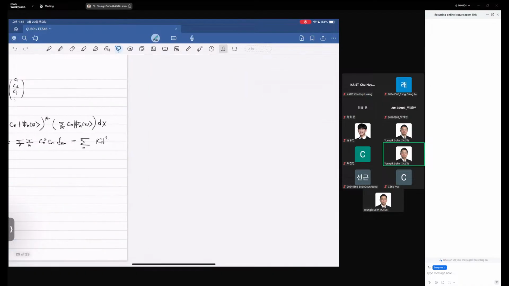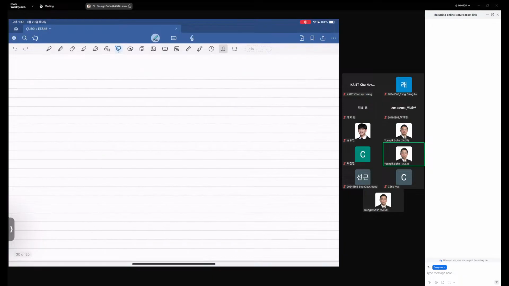It's a trivial thing, but for completeness, let me just do it. So let me make a real inner product between two different quantum states. Let's say I have something like this. Now it's phi, and the coefficients are all different. In this case, you can think of psi and phi, their inner product.